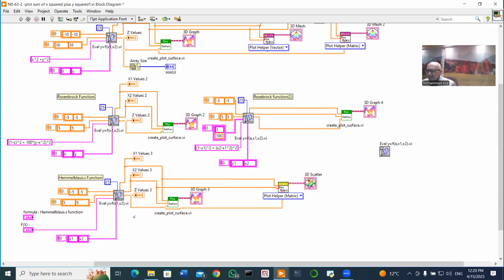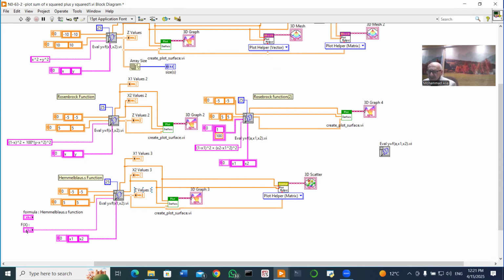While optimizing functions, there is, as I told you, a set of functions which is called the testing functions, standard functions used very often by mathematicians and by data science engineers.